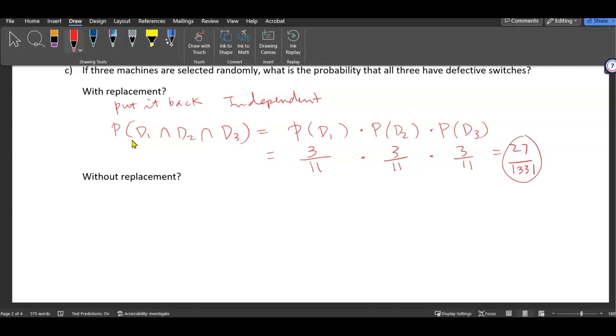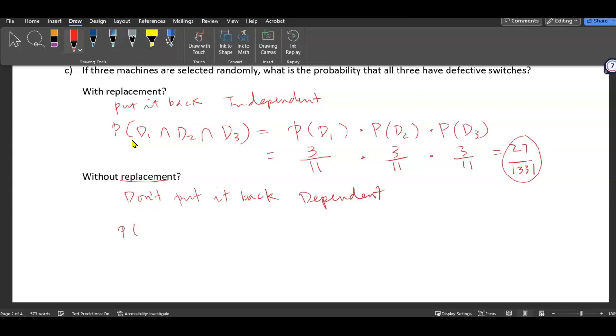Okay? So then if you don't put it back, then this becomes a dependent event. And so our sample space actually keeps reducing by 1, right?